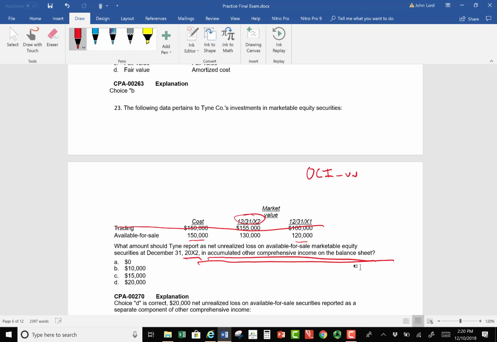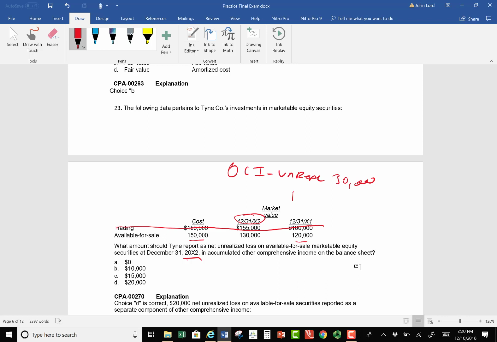Debit OCI, unrealized, for 30,000. I'm going to credit the what?